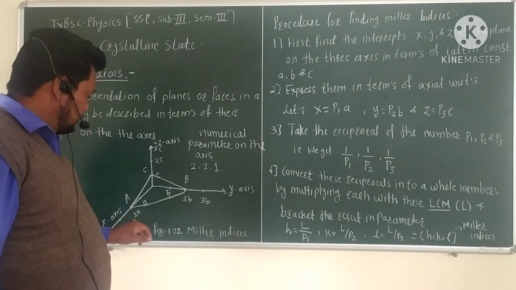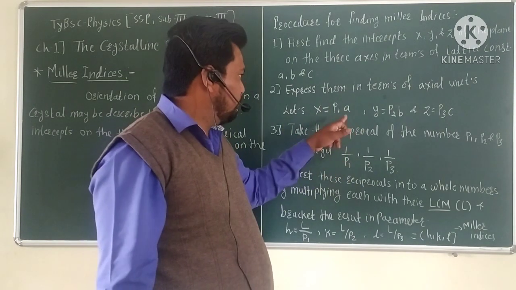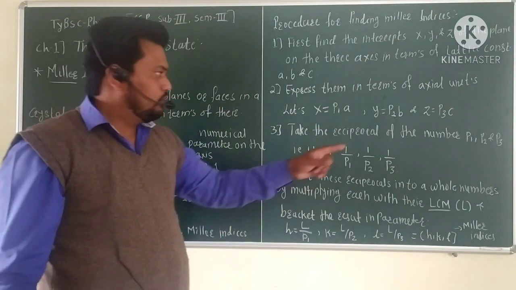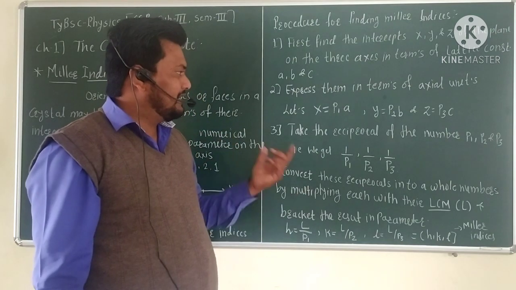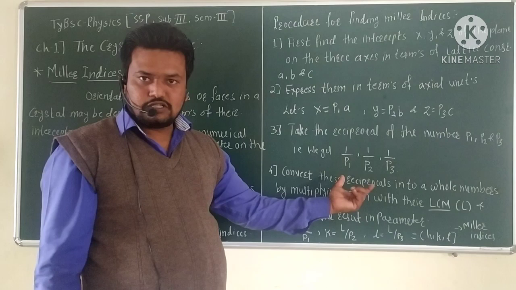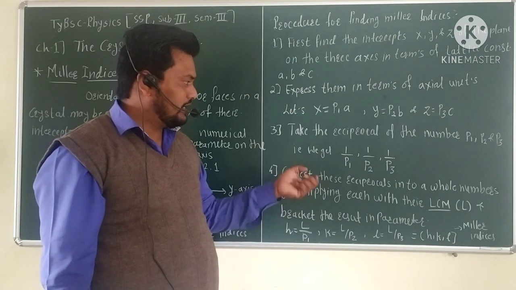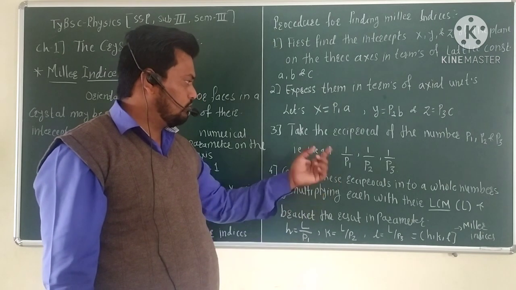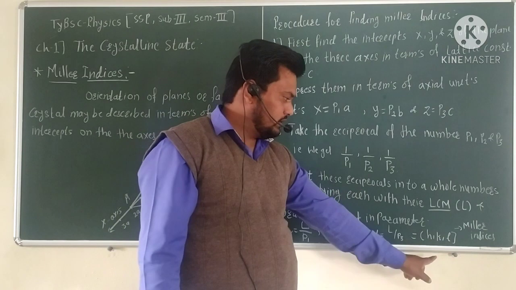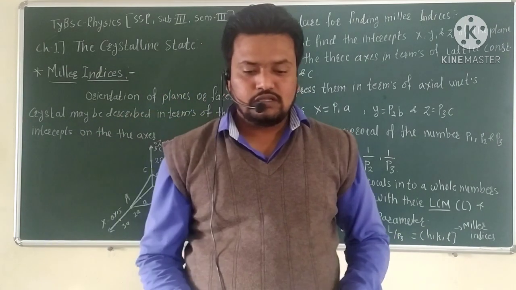So p1 is equal to 2, p2 is equal to 2 and p3 is equal to 1, where x is p1a, y is p2b and z is p3c. Next, take the reciprocal of these numbers, obtain the LCM, the least common multiple, and multiply, because we have to convert the reciprocals into whole numbers. Whatever numbers we get, write in terms of the hkl parameter, and this hkl is nothing but the Miller indices.